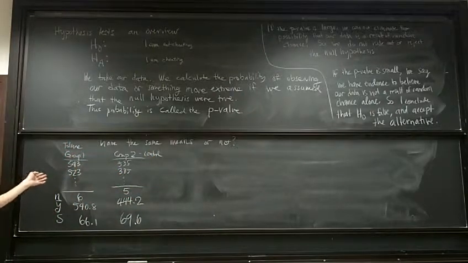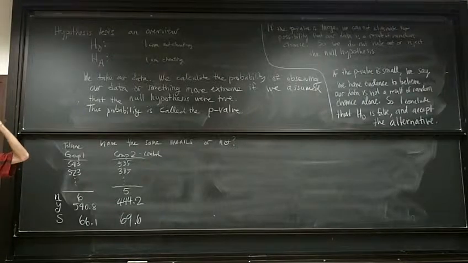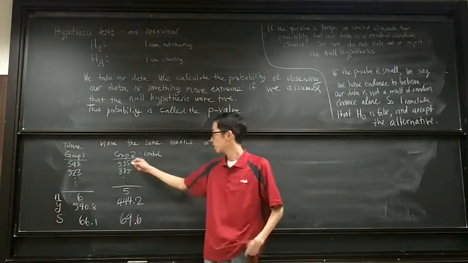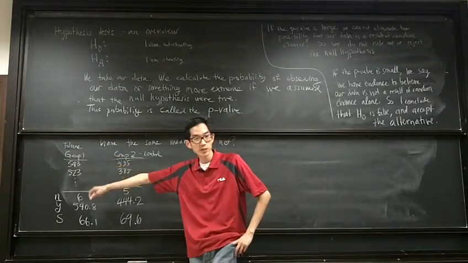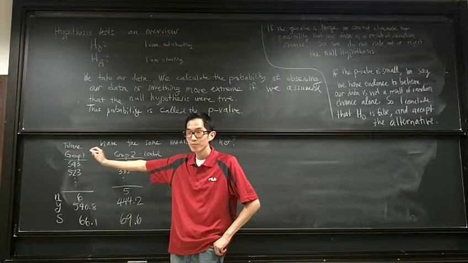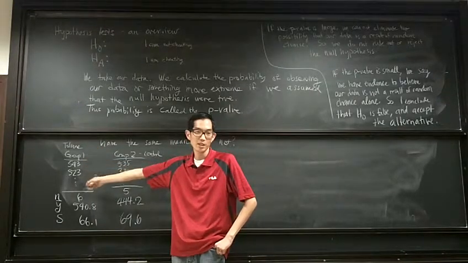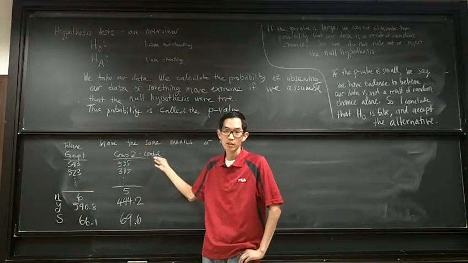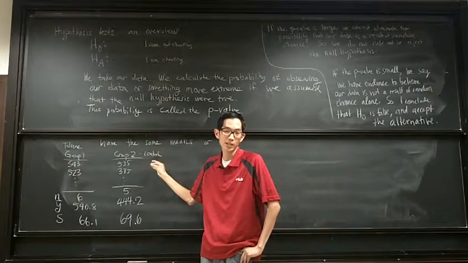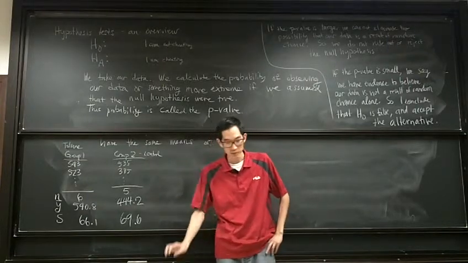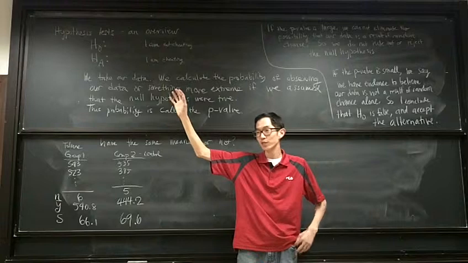For group 1, we observed six rats, and the respective population is potentially all possible rats that are exposed to the drug. For group 2, the control rats, their population is all possible rats that are not exposed to the drug.